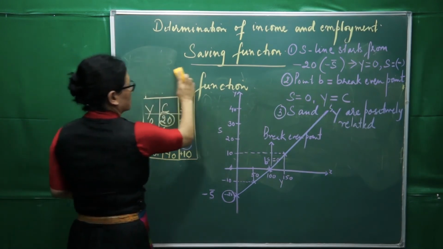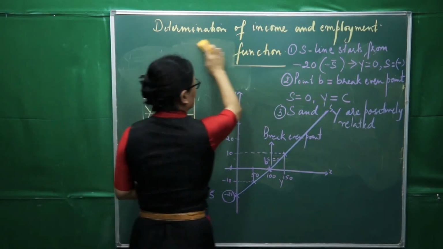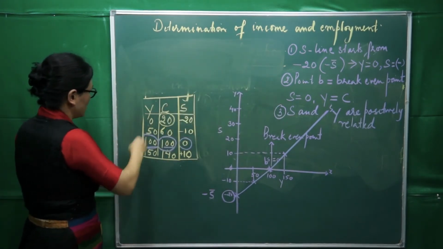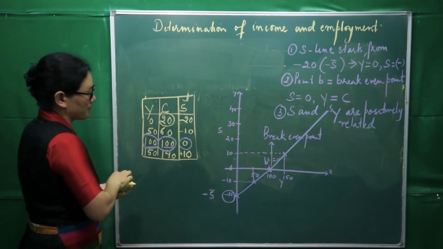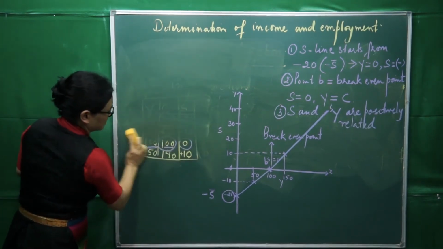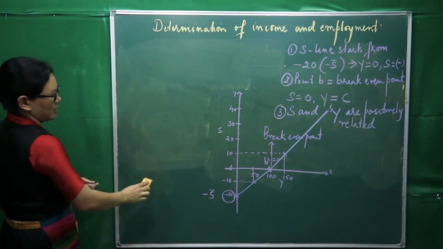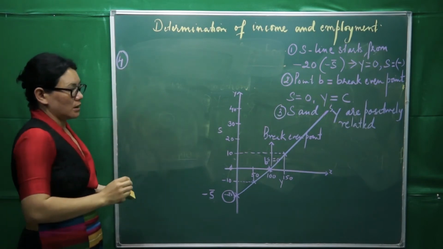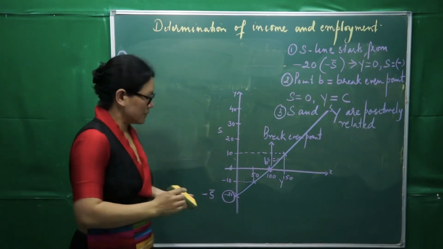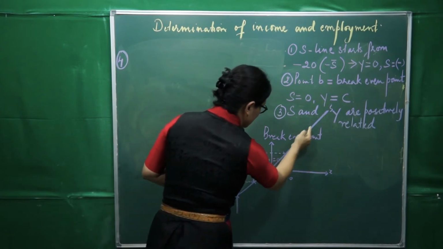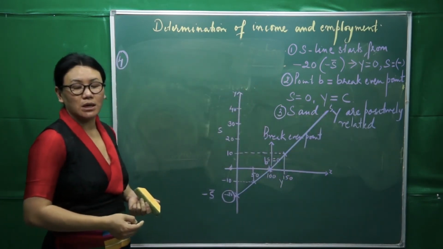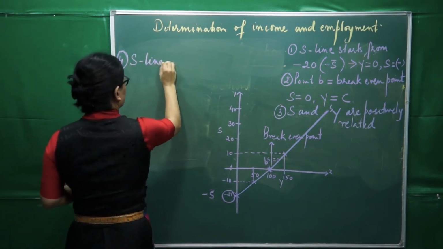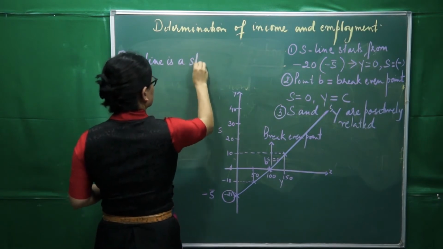Now, the fourth observation we have, which is a very important observation. Saving line, that is this line, right? It is a straight line, okay? Saving line is a straight line.